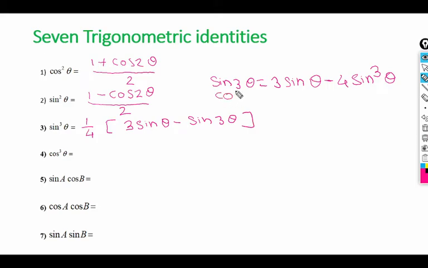Similarly, we have the formula for cos 3 theta, and that formula is 4 cos cube theta minus 3 cos theta.